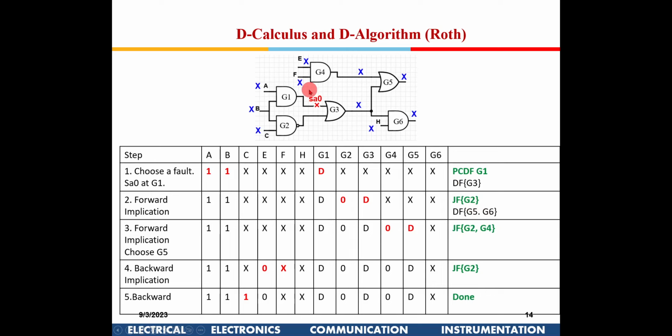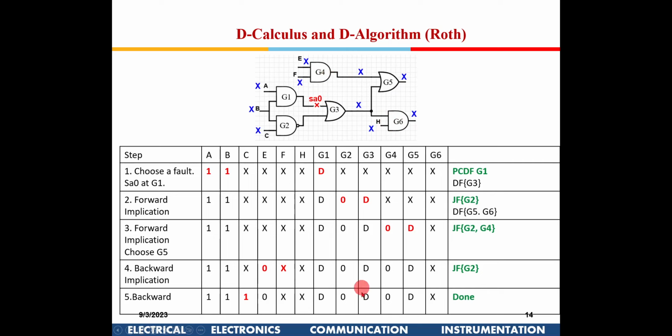Somebody wanted to know why we have defined J frontier like that. Because this is also unknown, only those things which are coming in the path matter, like H and F. For this particular case, H is not coming in that path itself, so there is no point wasting our time and resources trying to assign some value to it. Had we chosen G6 here, then this G4 never comes into the picture at all.